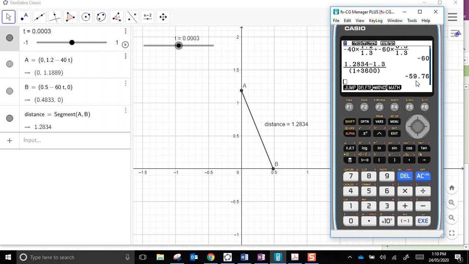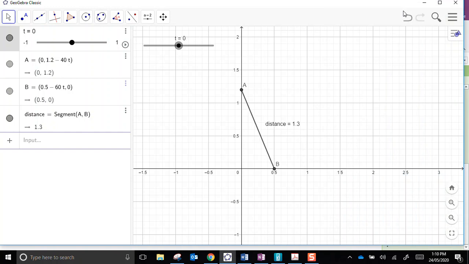The correct value for this answer, which is when car A is here and car B is here, then it is exactly 60 kilometres per hour that they are. The length of this line is decreasing by exactly 60. A moment later, then it would be different. So, as you can see here, the cars keep moving forwards.